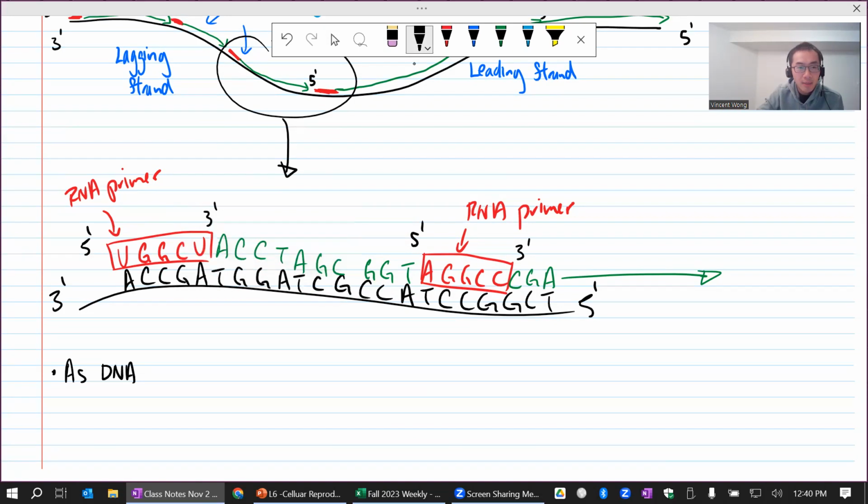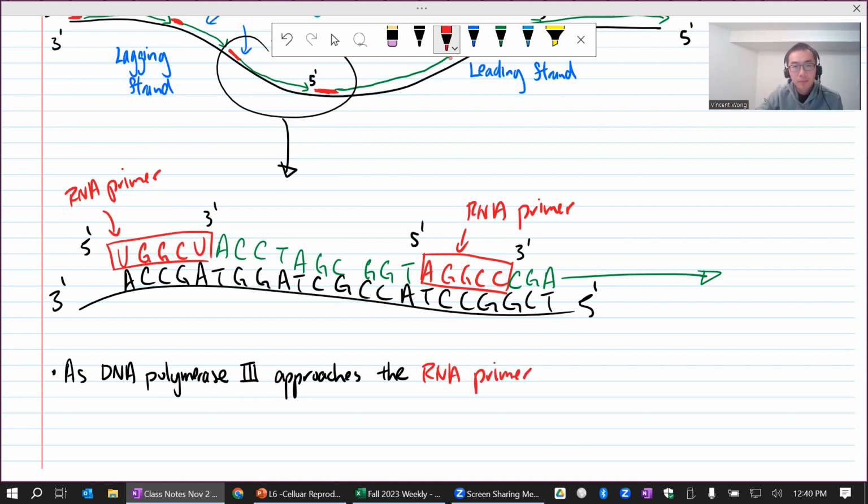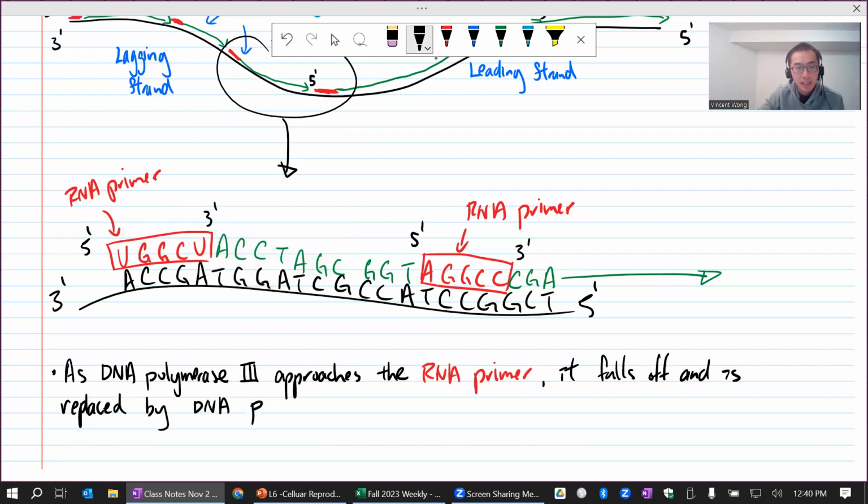As DNA polymerase 3 approaches the RNA primer, it falls off and is replaced by DNA polymerase 1.